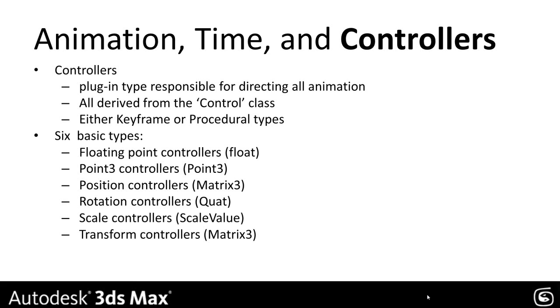There's the floating point controller, the point controllers, which is represented by the 3ds Max type Point3, the position controllers, which is a Matrix3, rotation controllers, which is a quaternion, scale controllers, which is a scale value, or transform controllers, which is also a Matrix3.